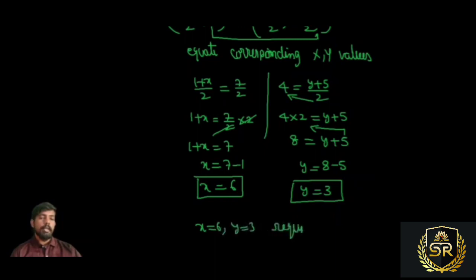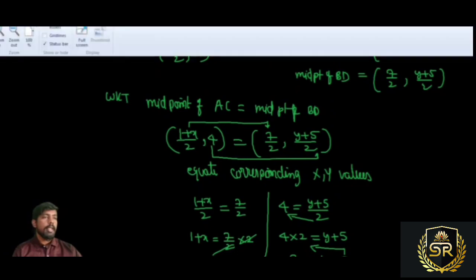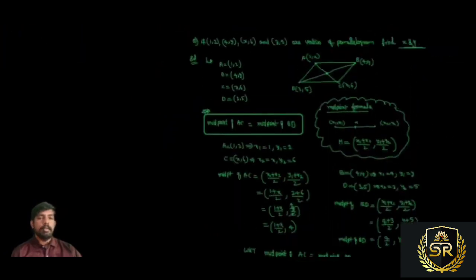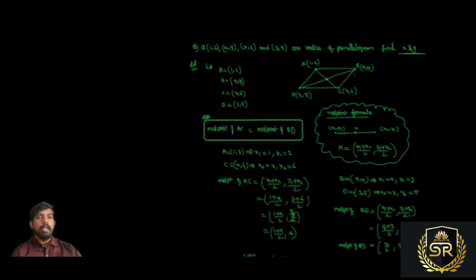That's all. This is the required solution. Once again, I will revise the method. What is being done in this problem? Here a parallelogram is given, and remember this: the AC diagonal midpoint and the BD diagonal midpoint are always equal.